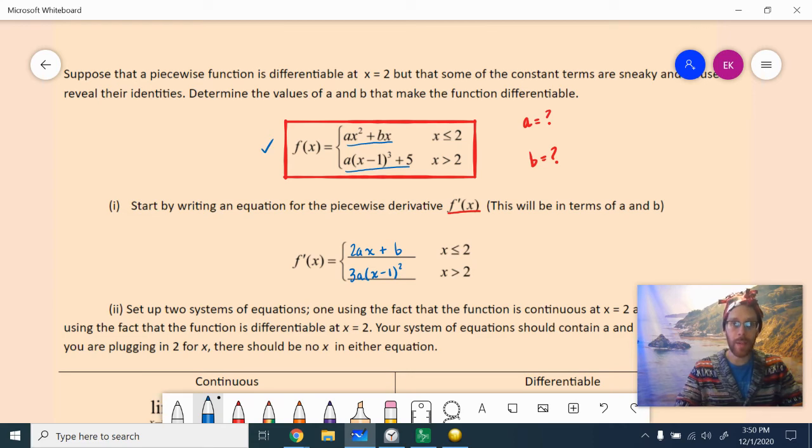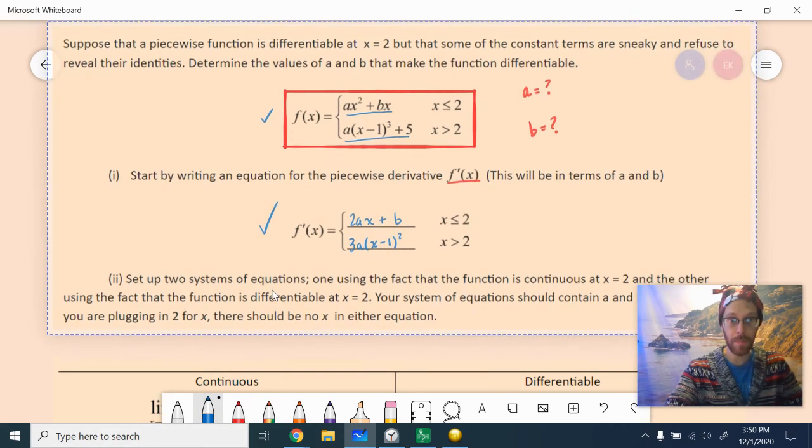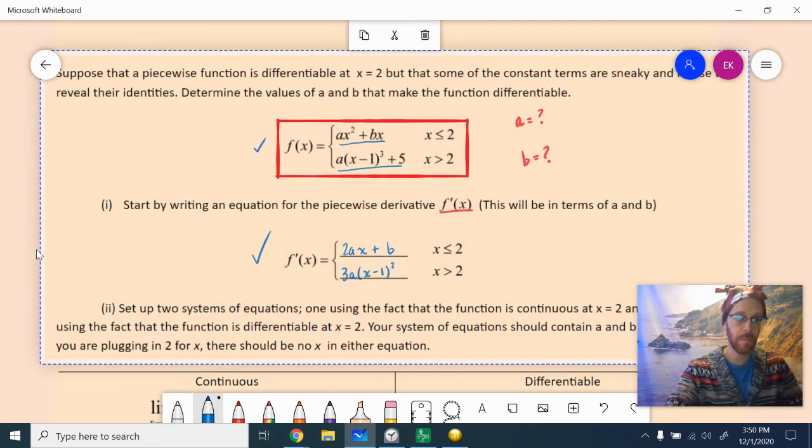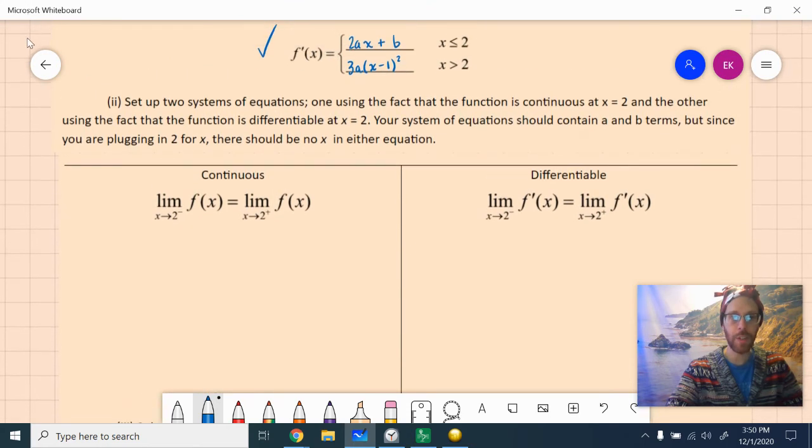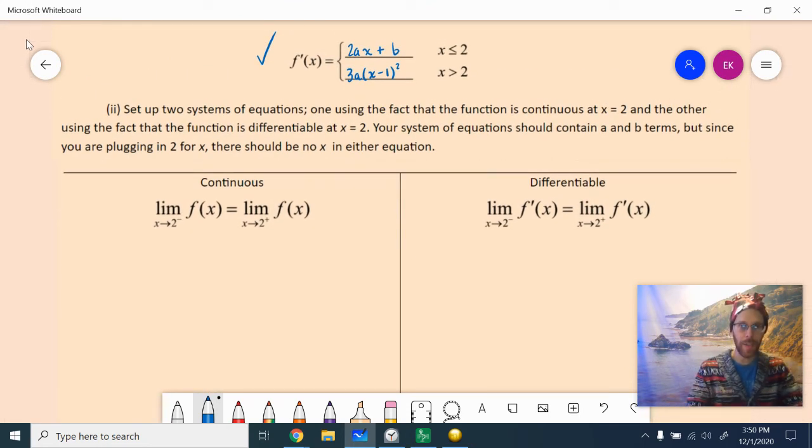Now the big idea is that it needs to be continuous, and it also needs to be differentiable, and here's what that means. Start with continuity. Continuity tells us that from the left and right side, this function needs to be the same. So if I plug 2 into the left branch of the function, we would get something like this.